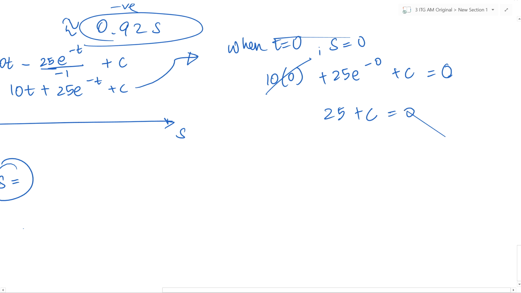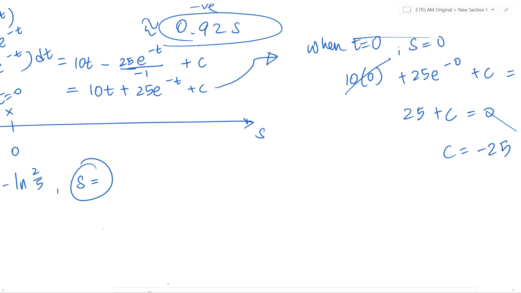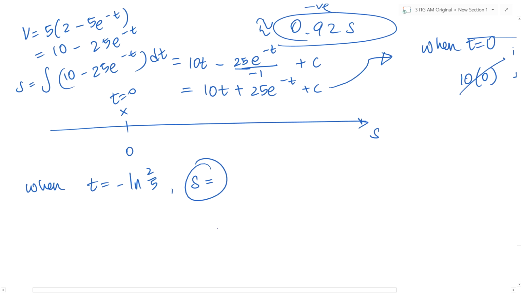What is c now? c is negative 25. So you need to check your assumptions, if any. This means that my expression for displacement is now changed to become 10t plus 25e power negative t minus 25. Okay?